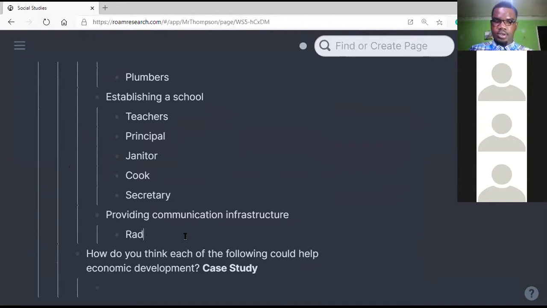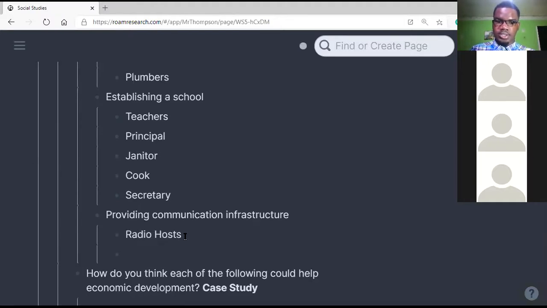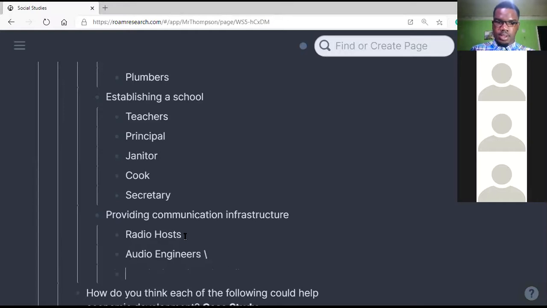So we could say radio analysts or talk show hosts or radio hosts, audio engineers. Persons who just work at a radio station. We might not have the exact job title, but those persons are prime examples of communication infrastructure.